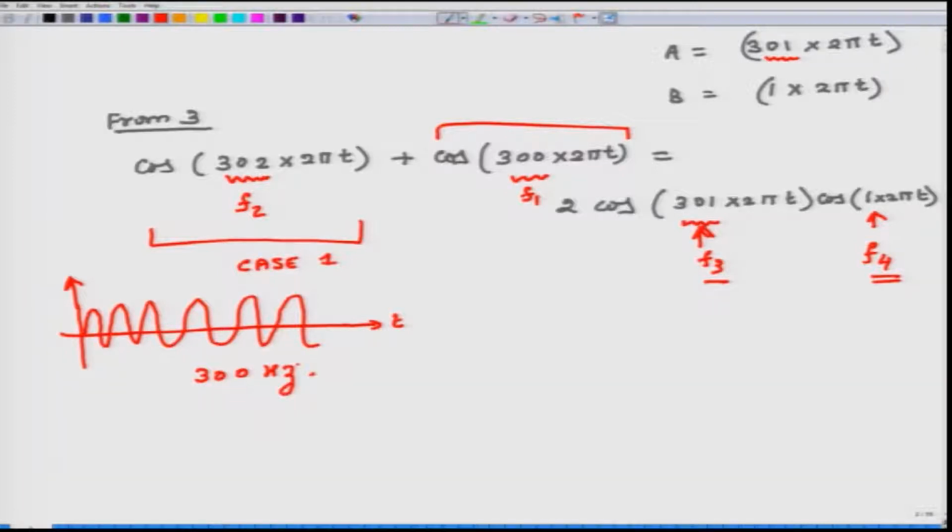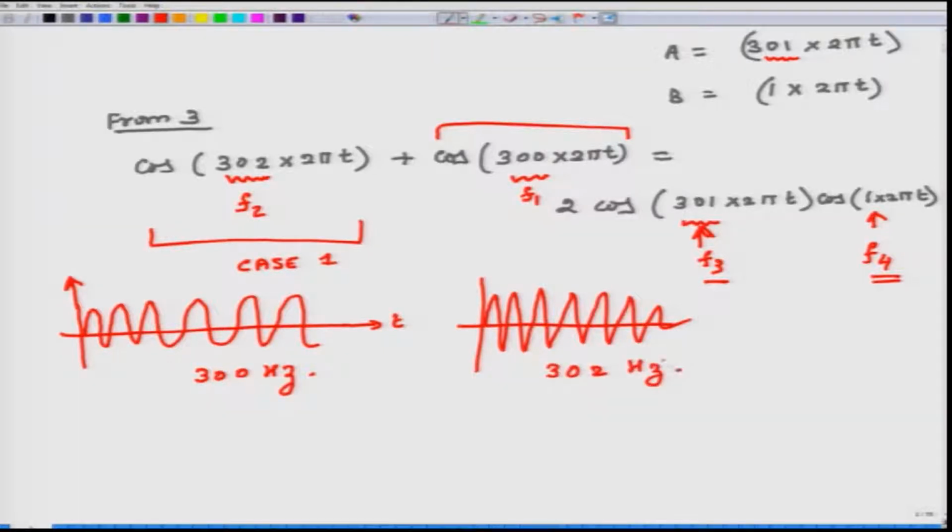So, in 1 second this peak went up and down 300 times. When I played the second sound file, in 1 second it went up and down 302 times, but the amplitude was constant, right.